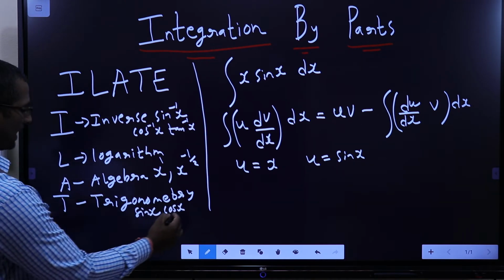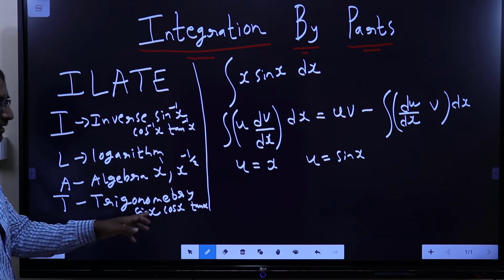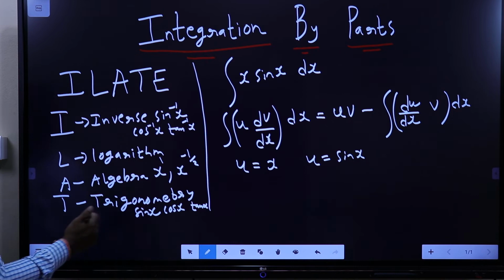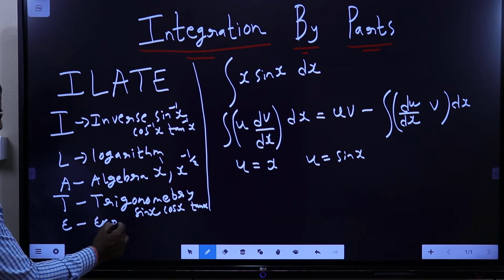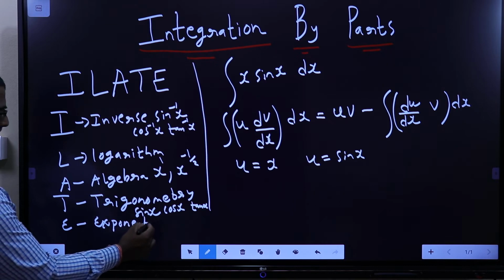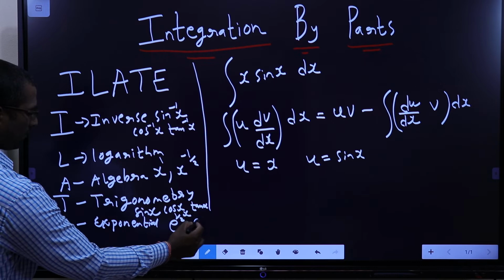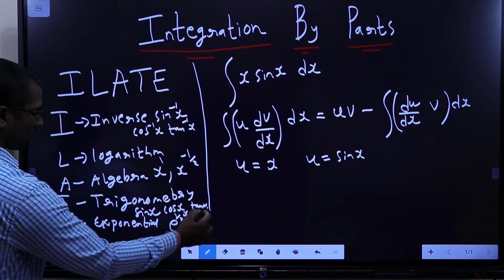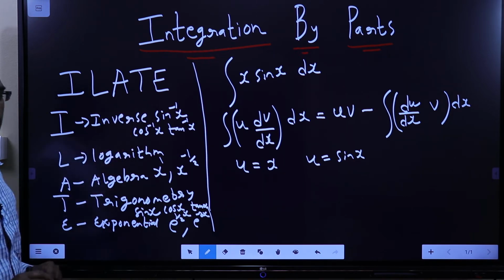Difference between inverse and trigonometry is, in trigonometry you don't get inverse thing. They are directly sine, cos and tan. And E stands for exponential, means e power anything, e power half x or e power minus 2x. Whenever e is included, this comes under exponential.